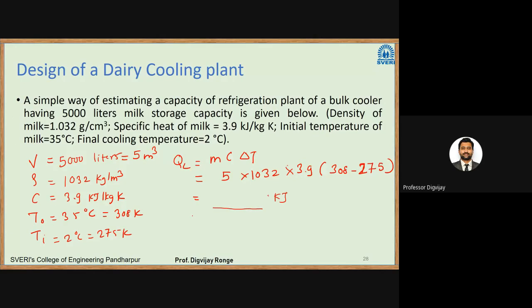So Pranil, can you calculate, or is it correct? Calculate this value for QL. Then from this we can calculate the capacity if you take it for 4 hours. So shall I calculate, or let's calculate and tell me the answer.